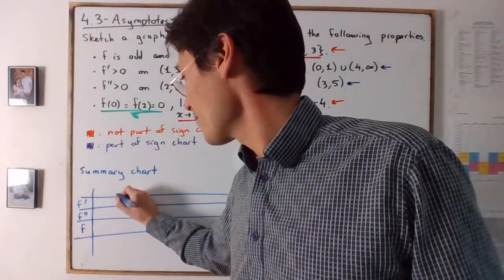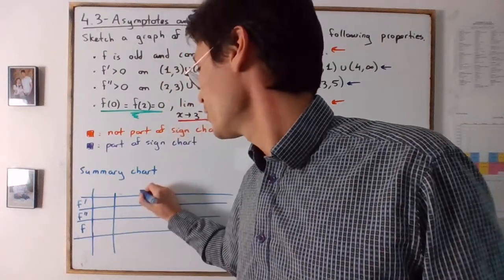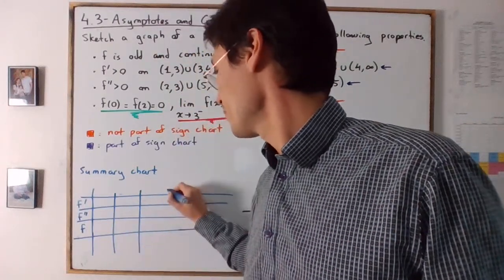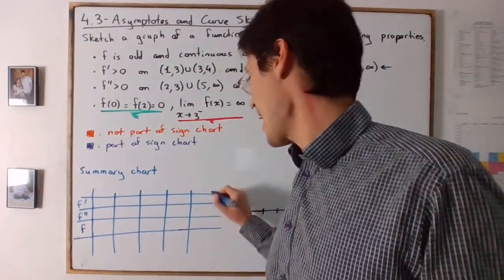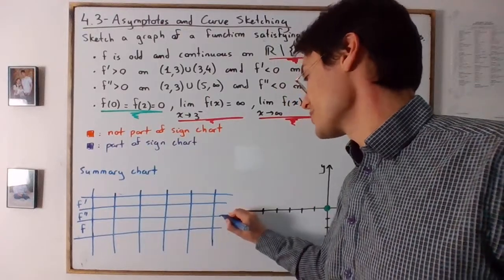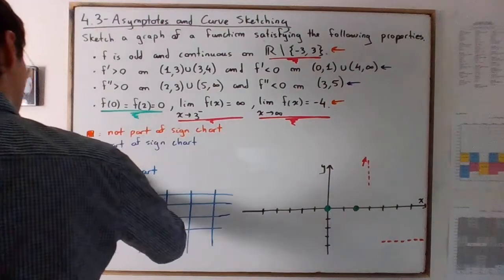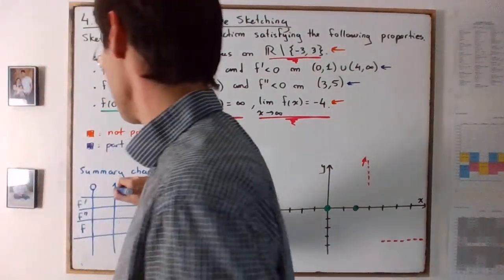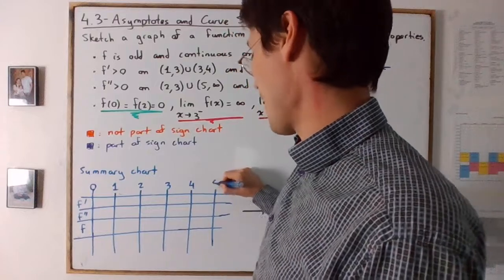So here we have, let's go like this, 1, 2, 3, 4, and 5. Unfortunately, we don't have anything afterwards. And don't forget that this sign chart is starting at 0, right? So we have 0, 1, 2, 3, 4, 5.